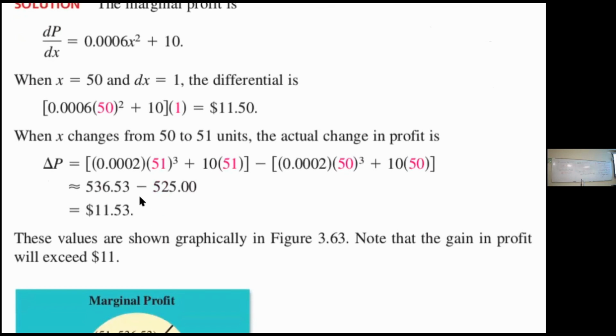Now looking at the actual change in profit, comes out to be almost the exact same. Just like what we got, $11.53. Notice they didn't go ahead and reduce some of the algebra on themselves.